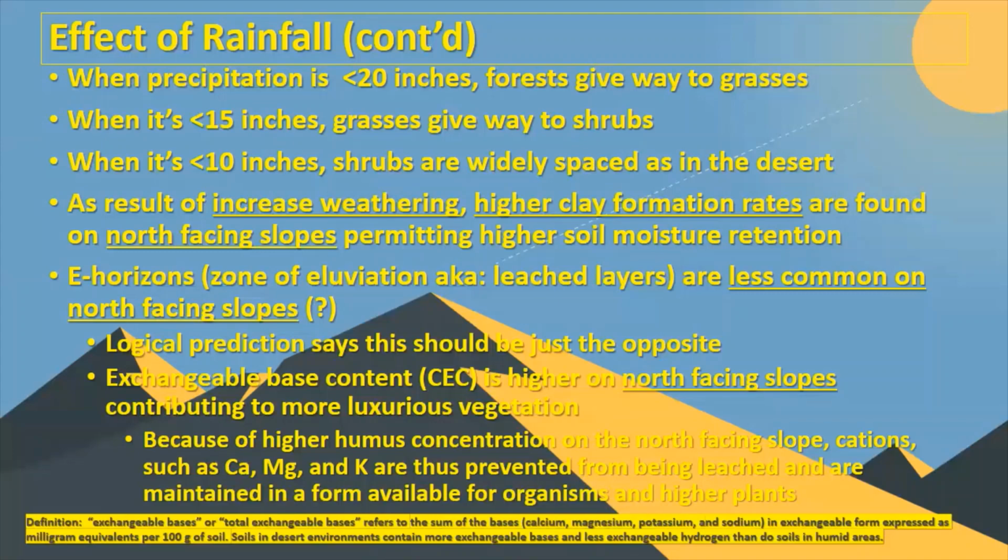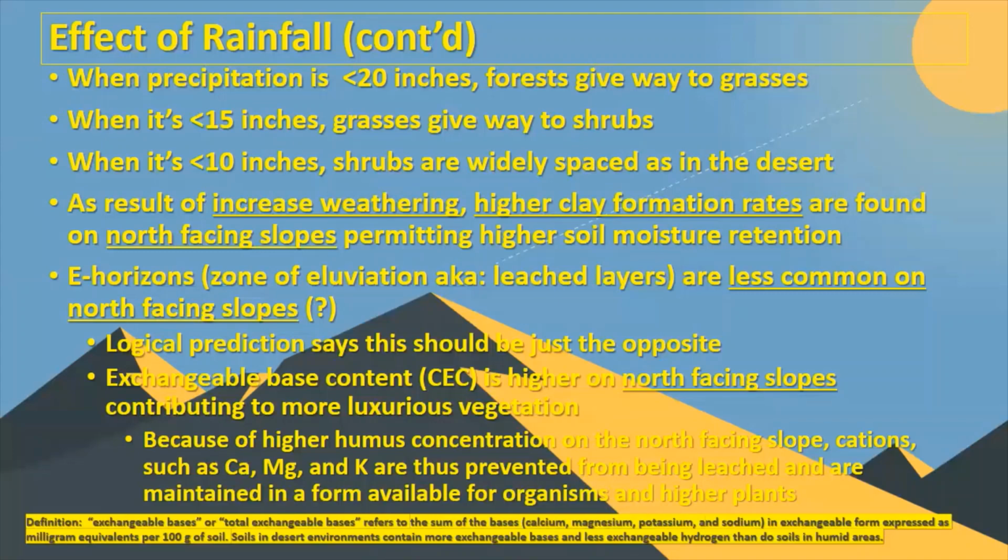The other thing is on north-facing slopes, the exchangeable bases, soil chemistry, base content of certain minerals called the CEC, capacity for cation exchange. And in chemistry, that means the ions, like some of the metals, or sodium and so forth, potassium, those have an exchangeable capacity as minerals to move around in the soil, be transferred in the soil.